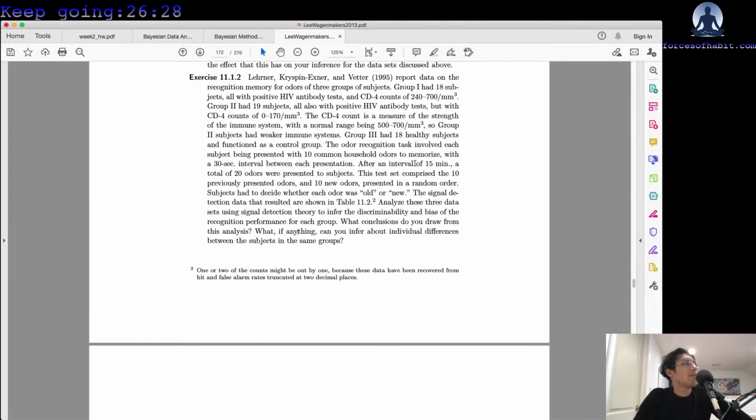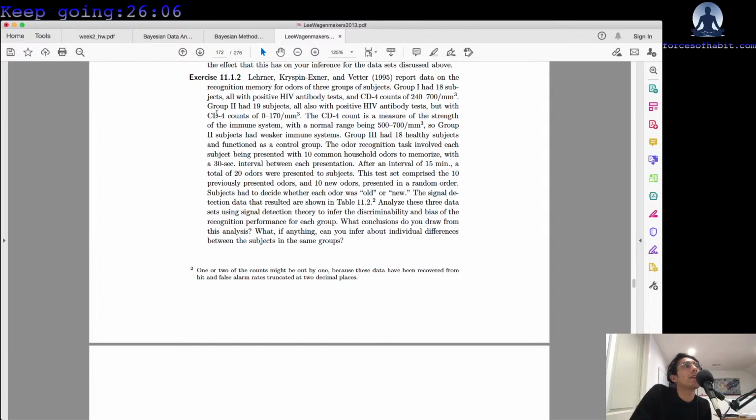Because in the olfactory recognition task, people in that particular group could just be impacted because of this cell count thing, or a variety of other potential covariates that might be at work here across the 3 groups.